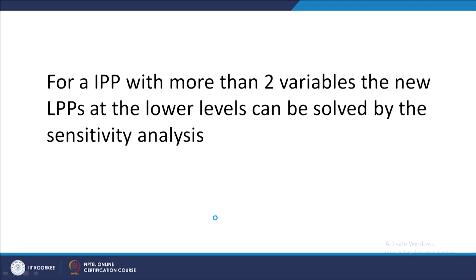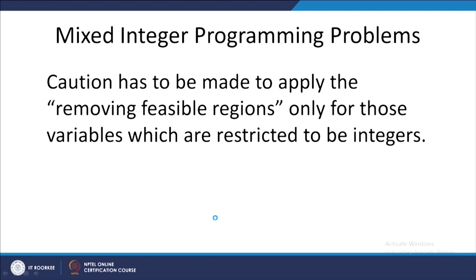Now coming to an LPP with more than two variables, the new LPPs at the lower levels can be solved by using the procedure of sensitivity analysis, that is, what happens if an additional constraint is added. In mixed integer linear programming problems, caution has to be taken to apply the removing feasible region strategy only for those variables which are restricted to be integers and not to the other ones.